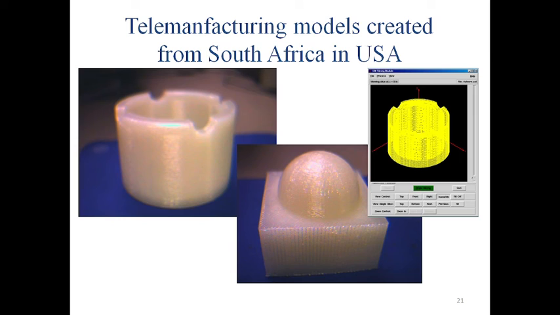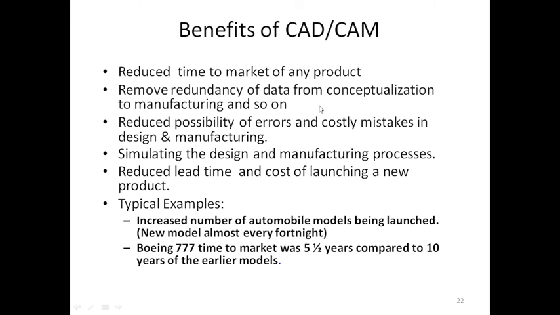And this is an example of telemanufacturing, with models created in South Africa and supplied to South Africa from the USA. So this is all about the various useful concepts and applications of computer-aided design and manufacturing.